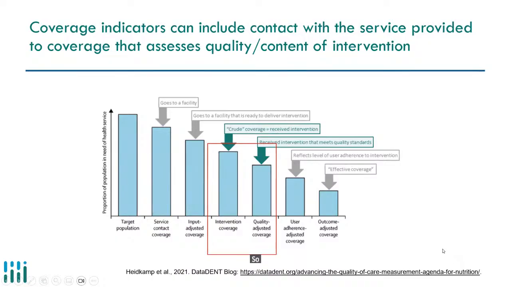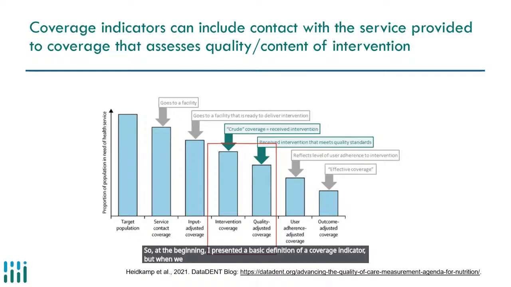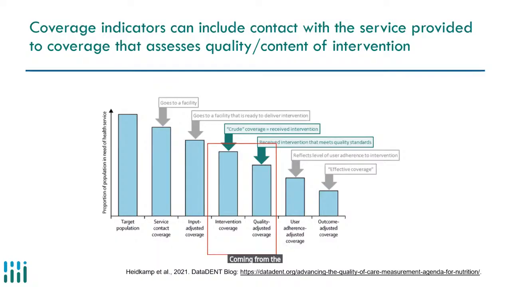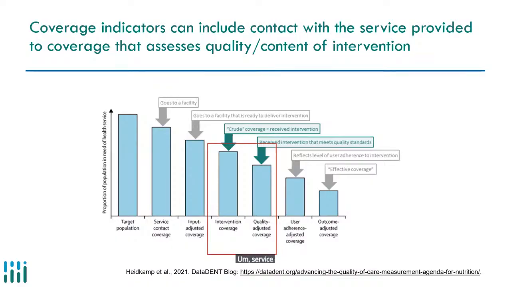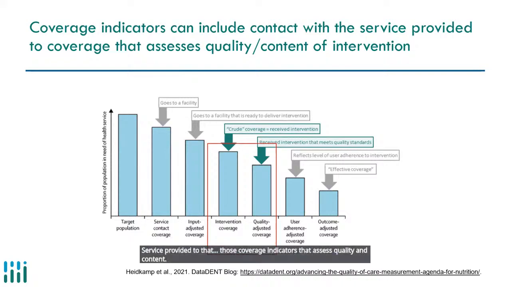So at the beginning, I presented a basic definition of a coverage indicator, but when we talk about coverage indicators, there is quite a range. Coming from the left to the right, they may be detecting different components of service contacts and receipt. From the left, these coverage indicators can include a basic contact with the service provided, to those coverage indicators that assess quality and content of the intervention.